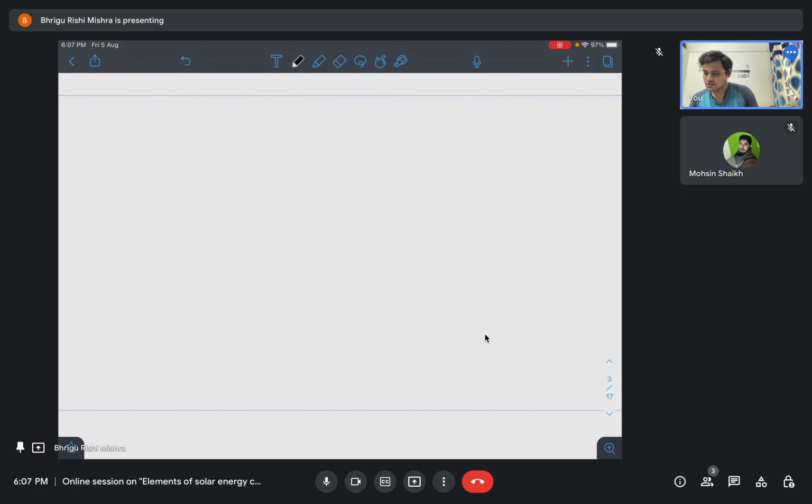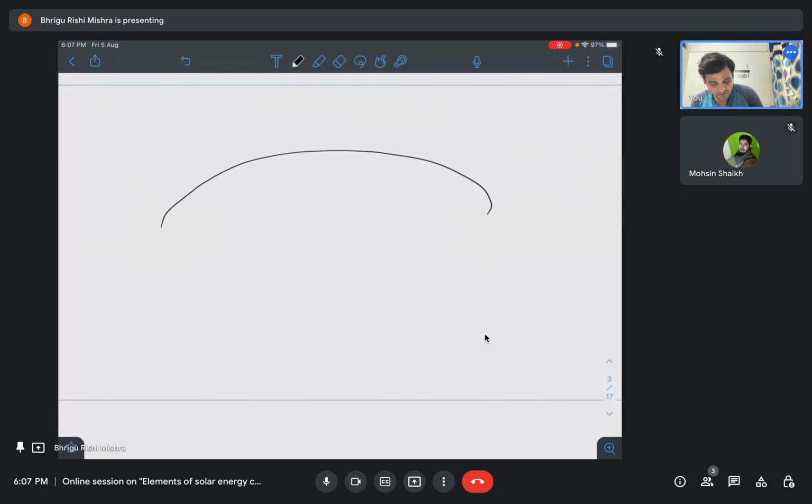So let's start. The first one is the solstice and equinox position. As discussed in the lecture, the Earth's trajectory is elliptical and the Sun is at one of the foci. There are 4 positions. One is the summer solstice, which is somewhere here, and the Earth is tilted 23.45 degrees on its own axis.